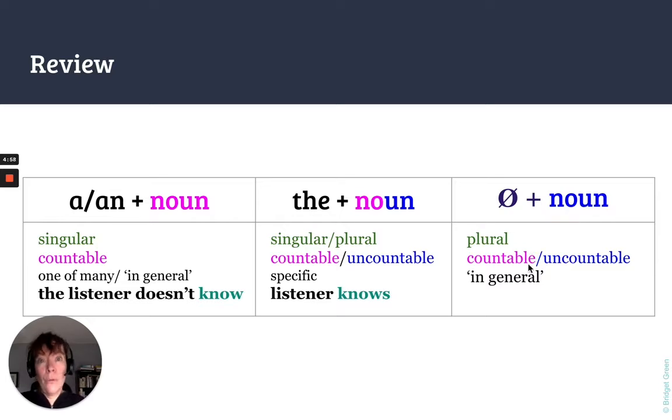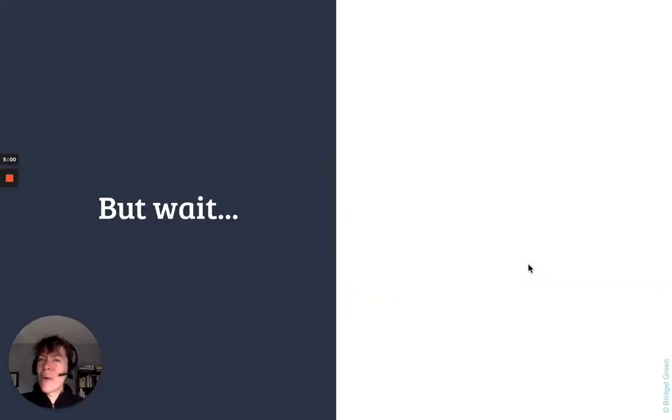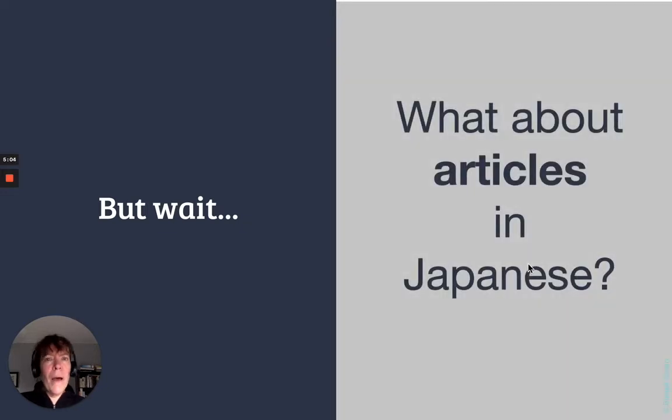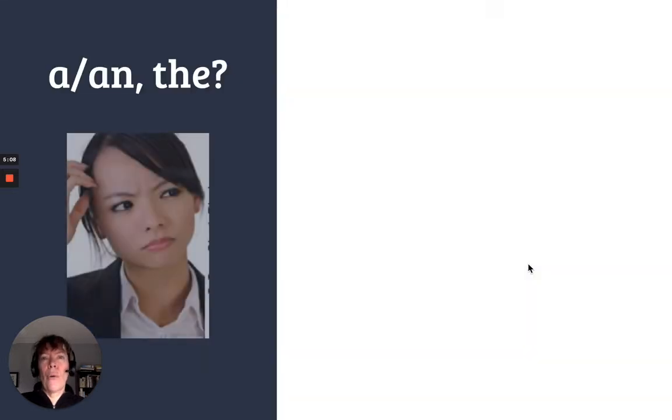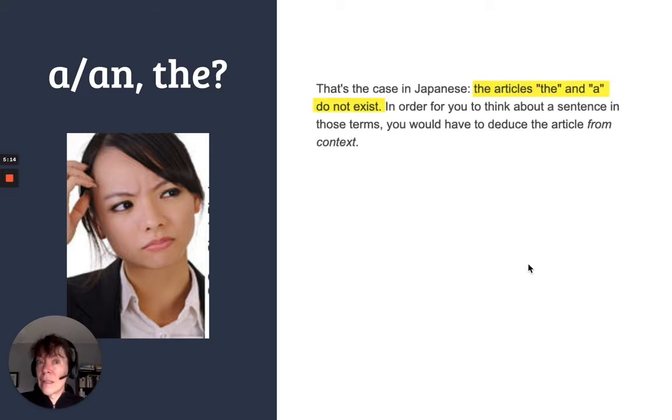Okay, so that's a review. But wait, what about Japanese? What about articles in Japanese? What do you know? They're a little bit tricky in English, right? And I think that they're tricky because there is no article in Japanese.